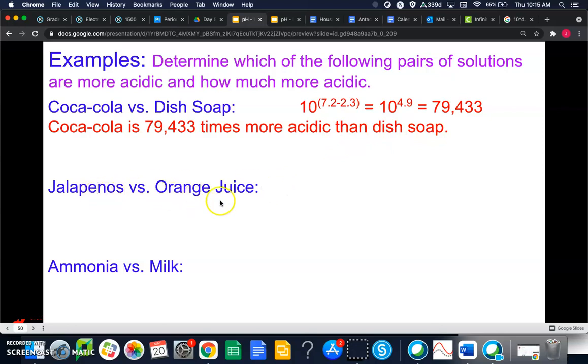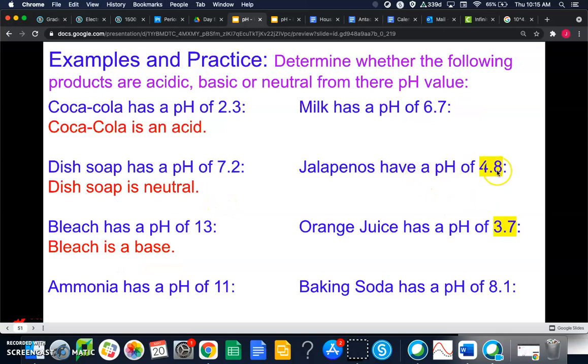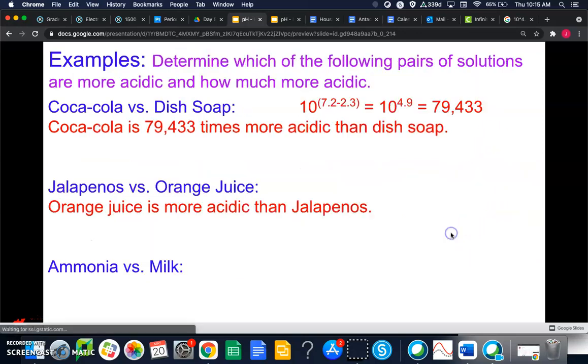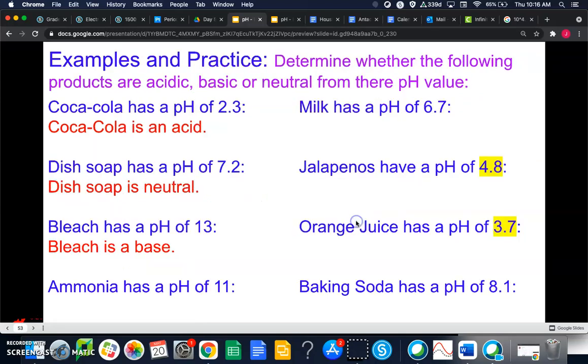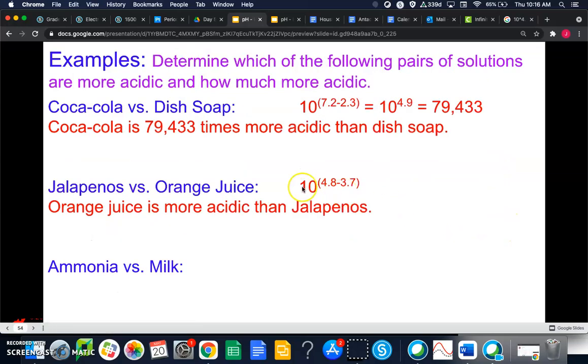Okay, let's do another example. Jalapenos and orange juice. Jalapenos have a pH of 4.8. Orange juice has a pH of 3.7. Again, whichever one of these is lower is the more acidic. So orange juice is more acidic than jalapenos. Again, we're going to use our formula. So we're going to type in 4.8 minus 3.7. So 10 to the 4.8 minus 3.7. 4.8 minus 3.7 is 1.1. 10 to the 1.1 power.